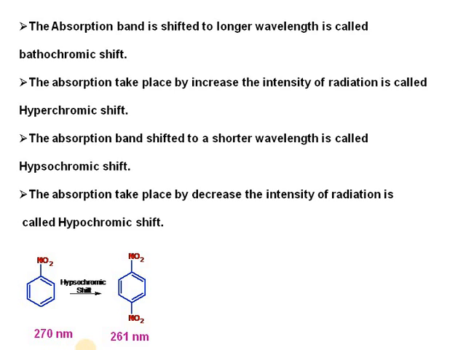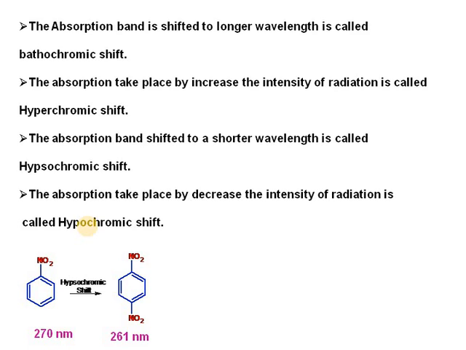It means a shorter wavelength of the radiation. It is 270 nanometers, and it is 261 nanometers. Why is the wavelength decreased? Because the chromophore and auxochrome interactions are greater in para-dinitrobenzene. Why is it greater? Because the two nitro groups extend the conjugation. Increased conjugation means the wavelength of the radiation absorbed decreases.